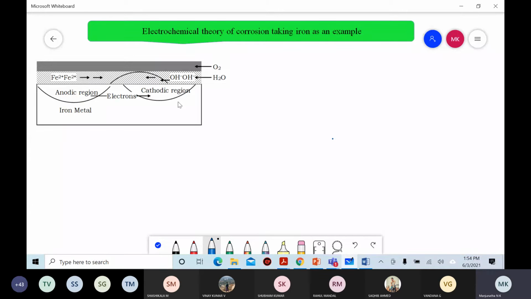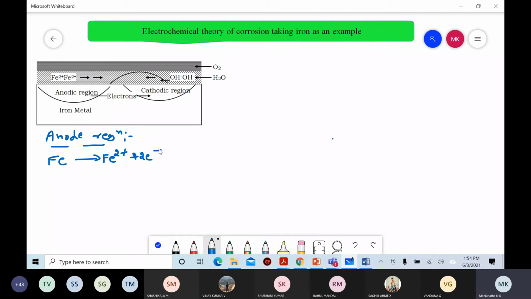So first one, at the anodic region, there is an oxidation reaction, in which the iron metal undergoes oxidation and forms Fe2+ ions with the liberation of 2 electrons.